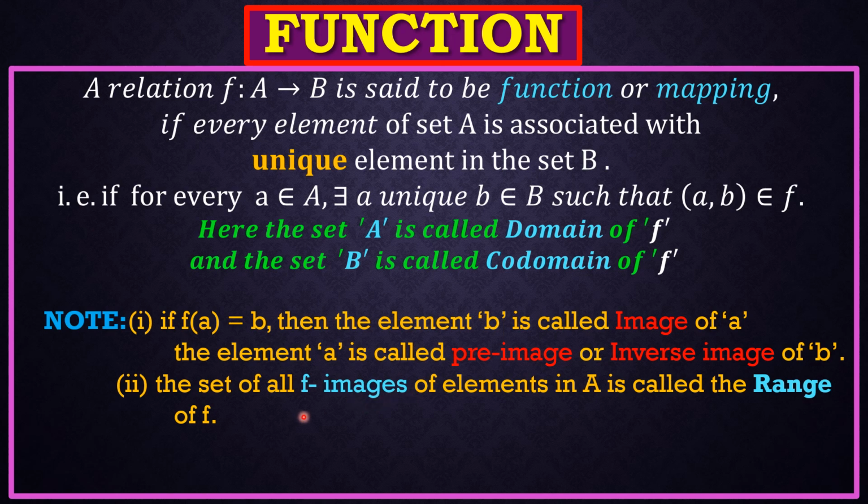The f images set is called the range of the function f. So here we observe domain, codomain and range. Domain is the left side set, codomain is the right side set, and range is also one type of set. The range is always a subset of the codomain set.